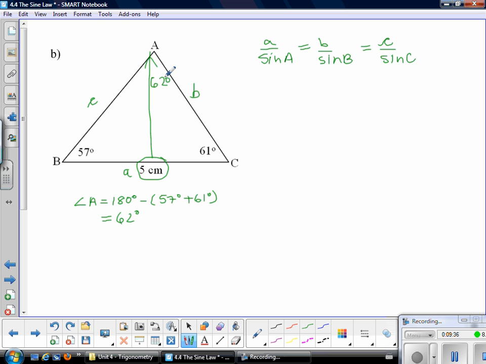So now I'm going to substitute the information in. So A is 5. So I have 5 over the sine of 62. B is, I don't know, over the sine of 57. And then I have C over the sine of 61.